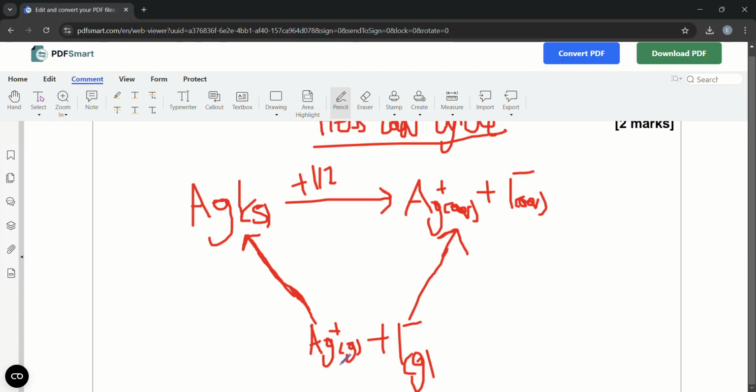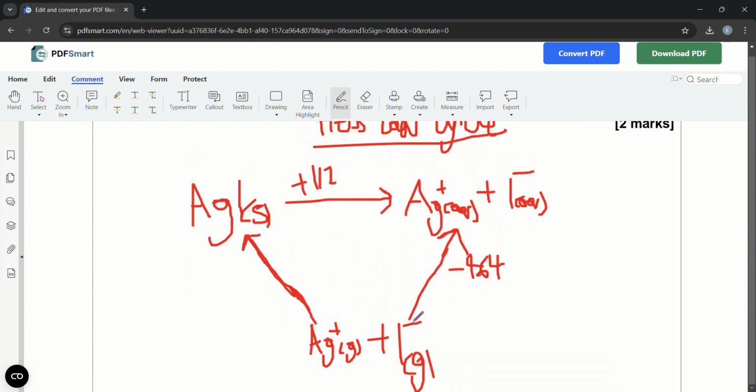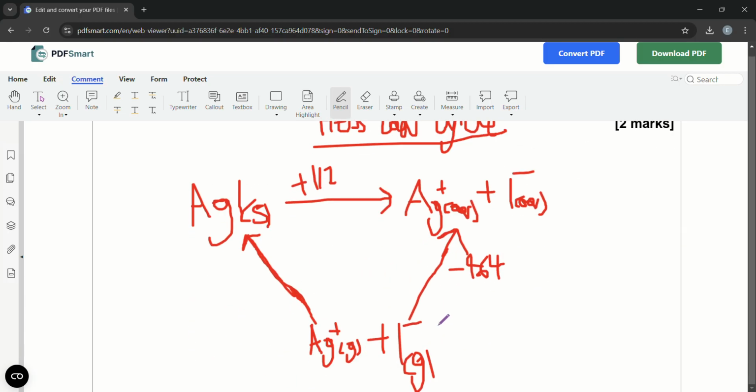So here's the gaseous, there's aqueous, minus 464. And we also know to go from I- in gaseous to I- in aqueous, it's minus 293.